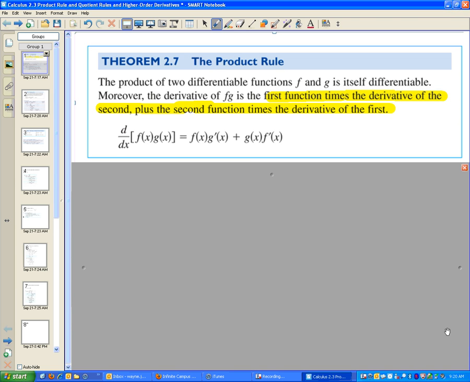Because I think that the words are as easy to memorize as the symbols. I think the symbols are kind of complicated to memorize. This means the derivative with respect to x of f of x times g of x equals f of x times g prime of x plus g of x times f prime of x.